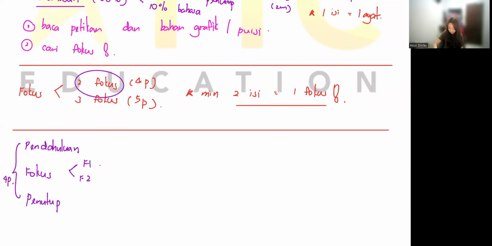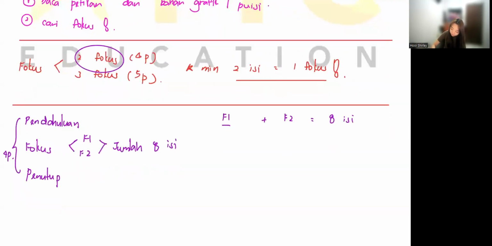So your focus 1, focus 2, jumlah 8 isi, right? So jumlah 8 isi, how are you going to do the combinations and the calculations? Example, focus 1 tambah focus 2, in total jumlah 8 isi. So the combinations you can do in this way.